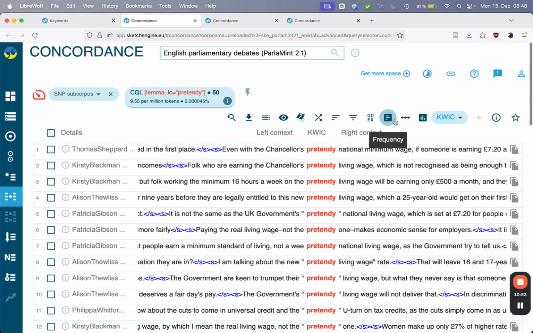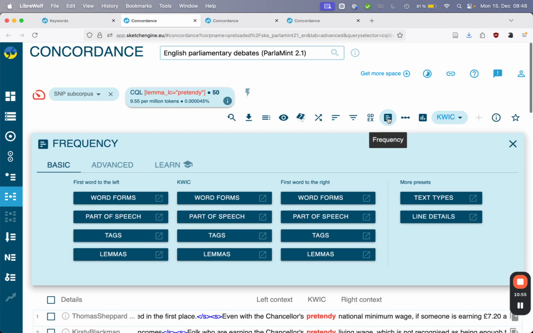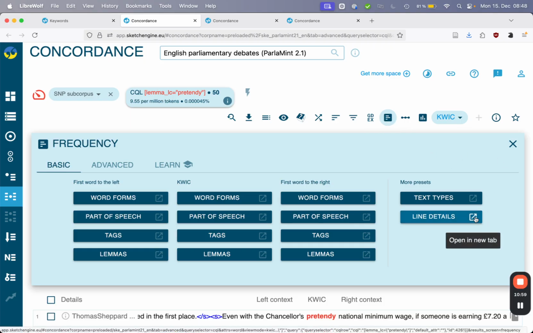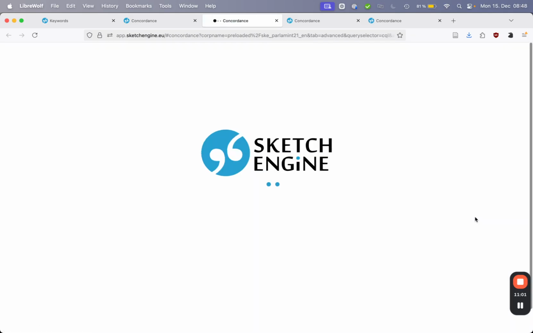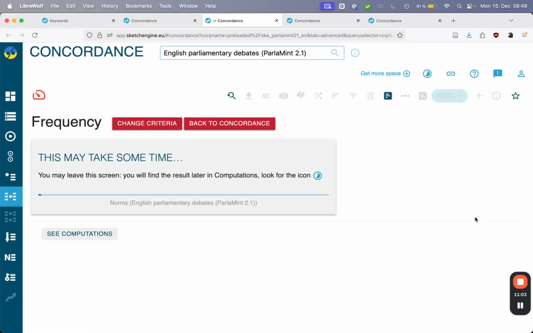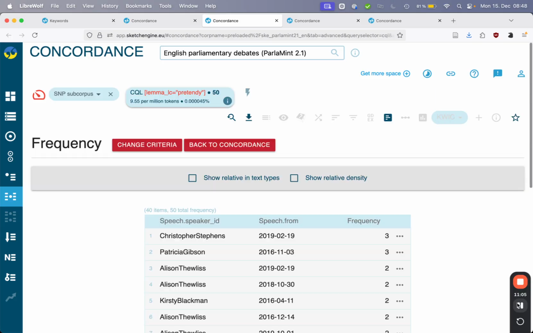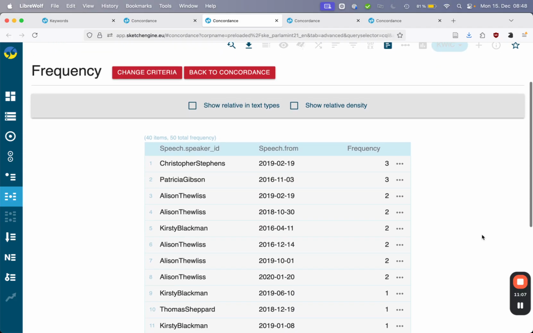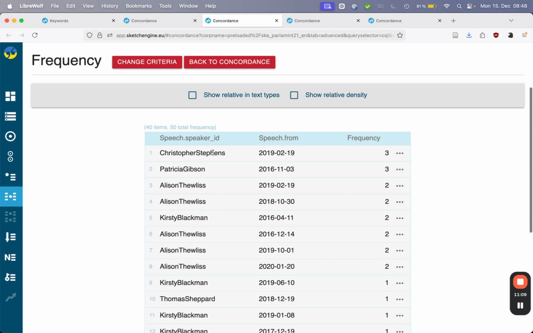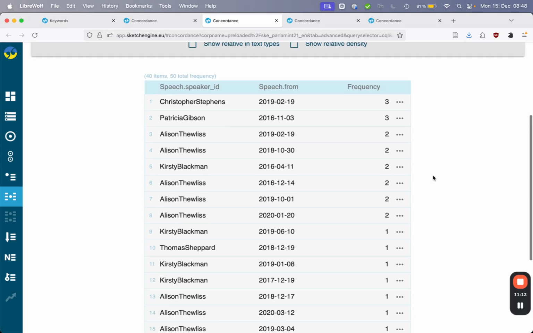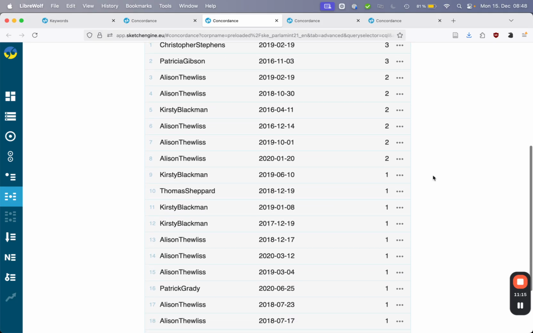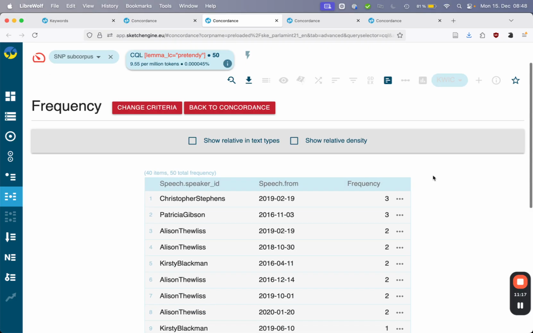We could see exactly how many people use this by going to line details. We can see that Christopher Stevens uses it 3 times and Patricia Gibson 3 times. So we have a short list of speakers. This is from each speech.